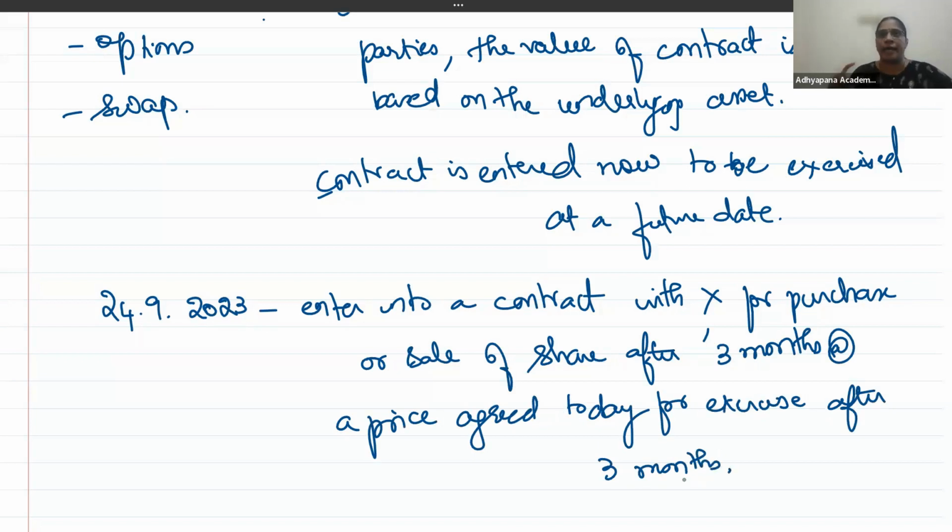So I enter into a contract with another party where I tell him I will sell stocks to you, but at a price, let us agree on the price today. But the contract will derive its value only on the movement of price of the particular share.